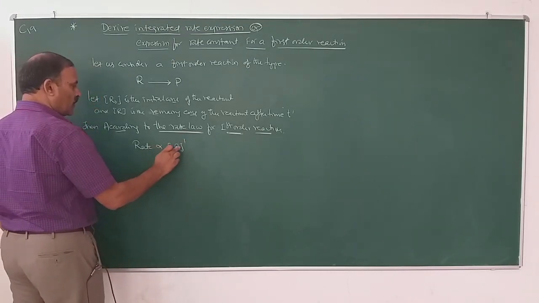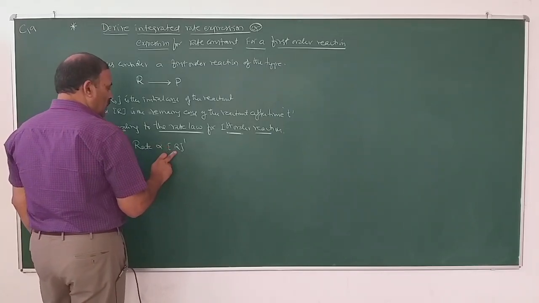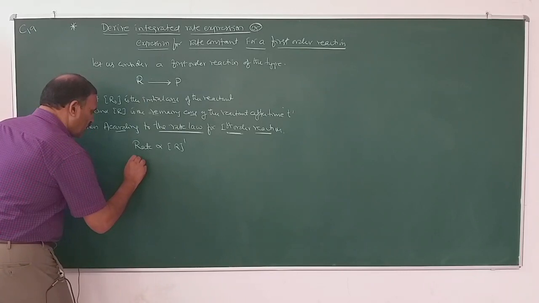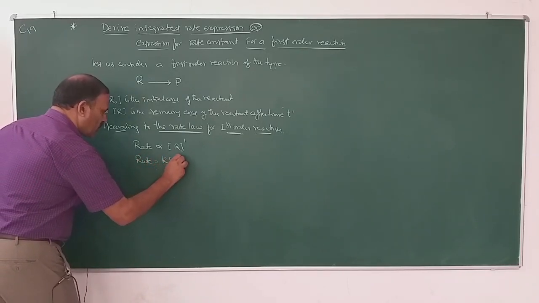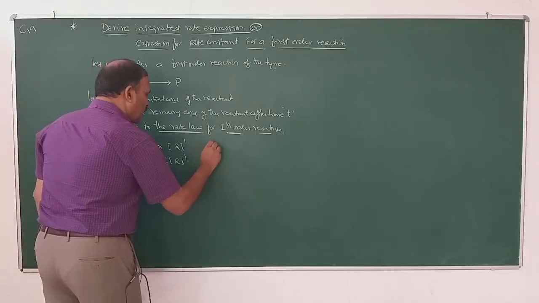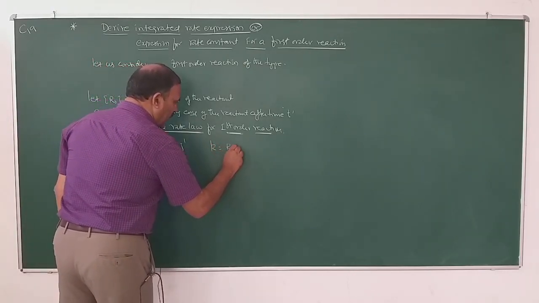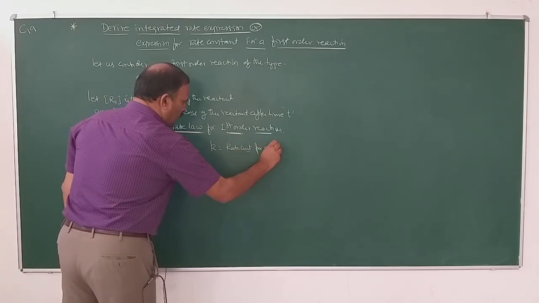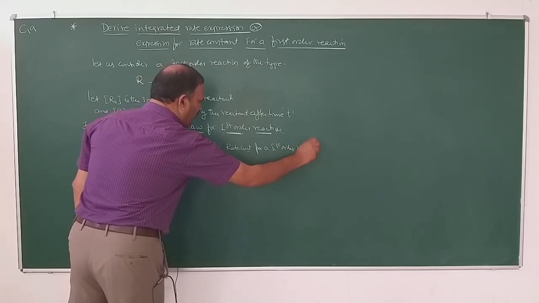Since it is a first order reaction, rate is directly proportional to concentration of reactant to the power of 1. Then rate is equal to k into concentration of R to the power of 1. Here k equals rate constant for a first order reaction.